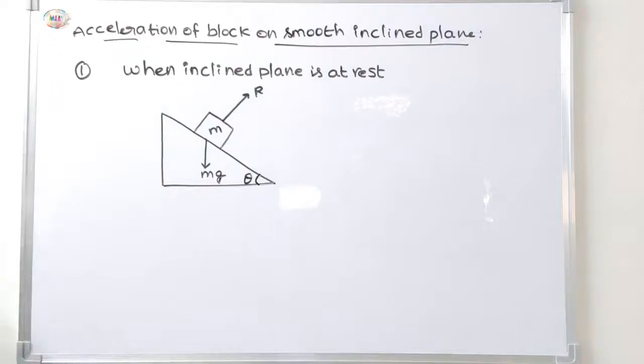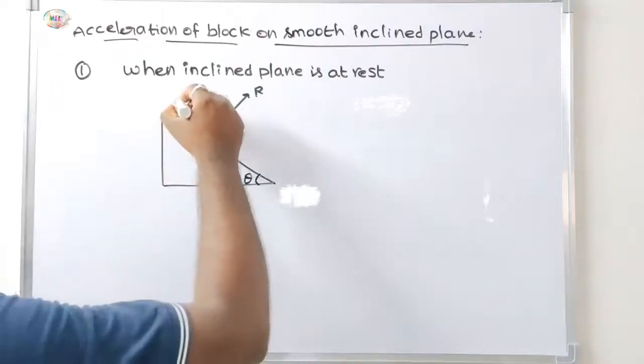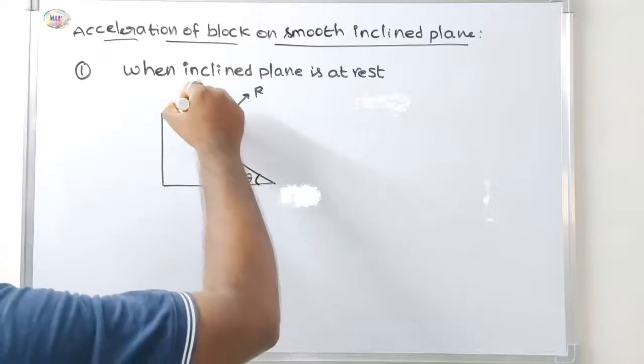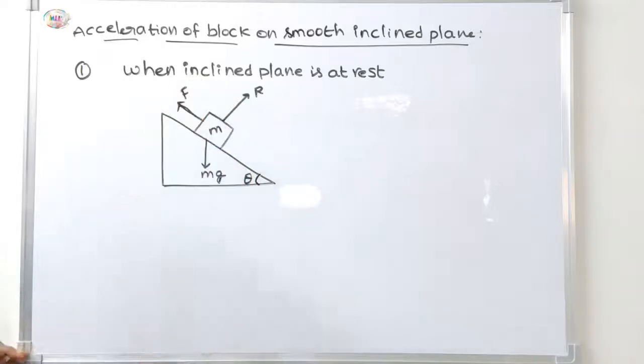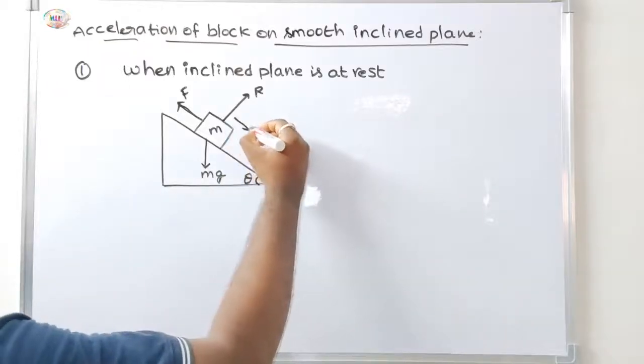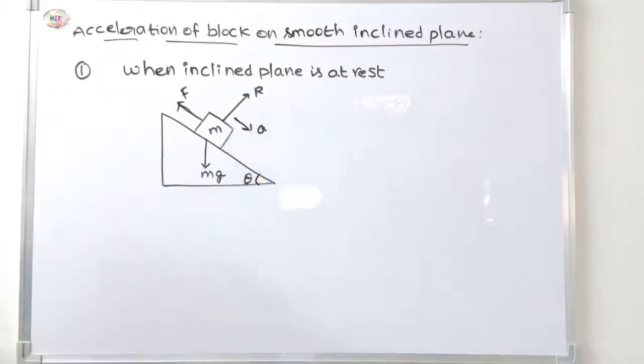The force F is acting in this direction, upward, and the acceleration a of the block is acting in the downward direction, making angle theta.